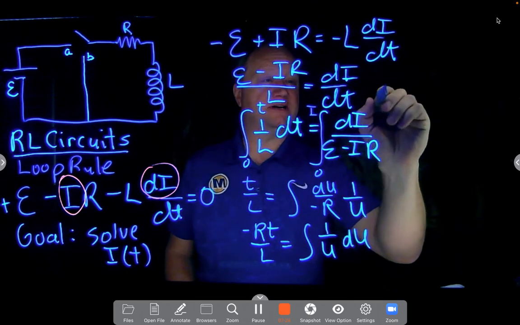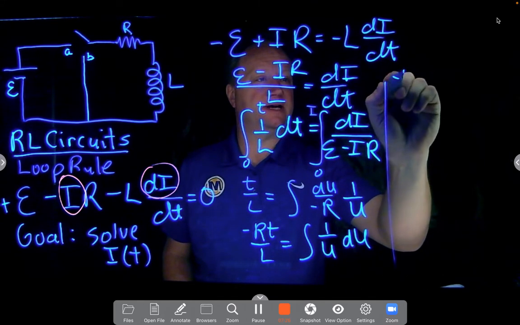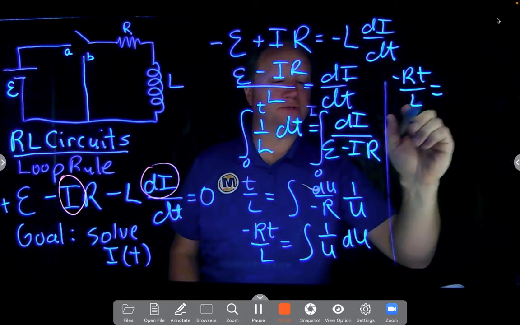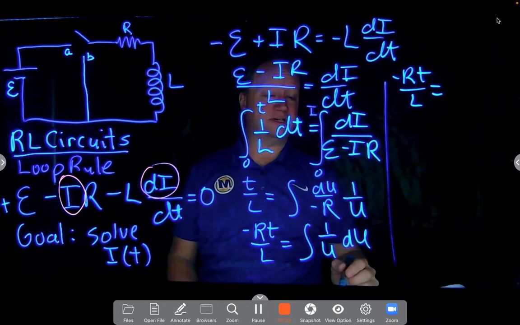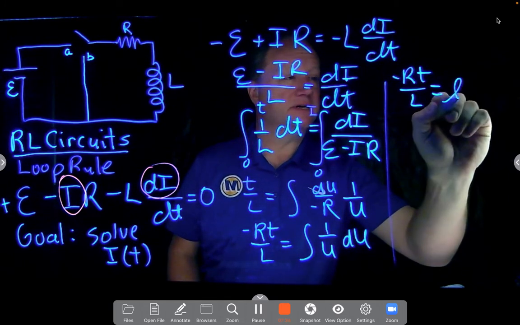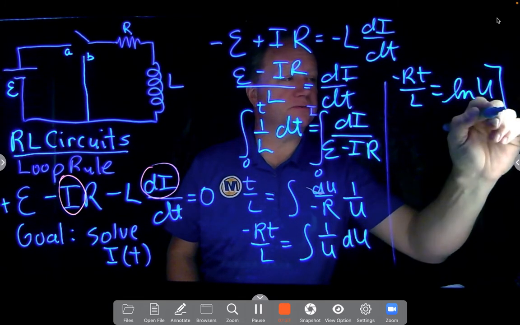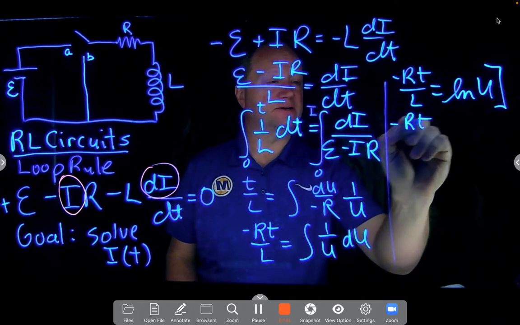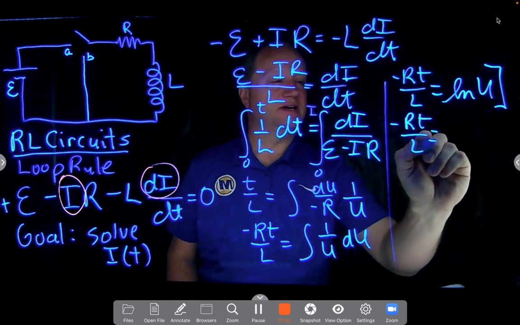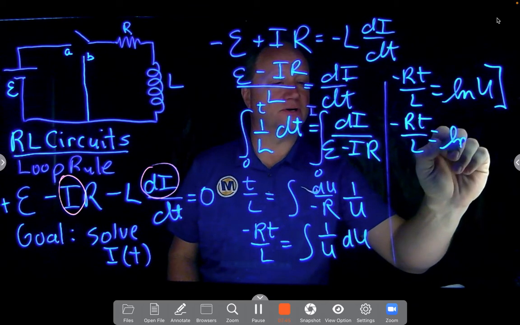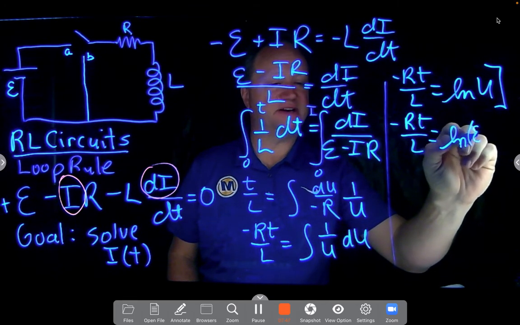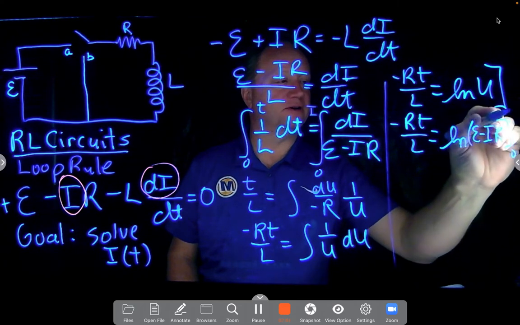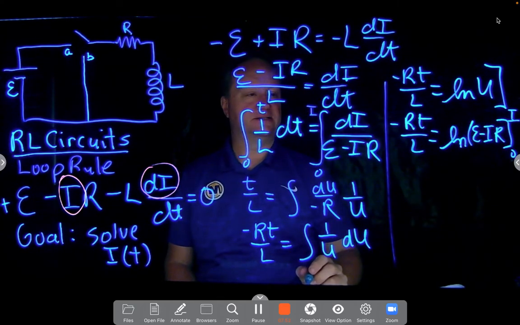So now I've got negative Rt over L is equal to integral of u to the negative first power is going to be natural log of u. Okay, now putting back in our u sub stuff, this would be the natural log of EMF minus IR evaluated from 0 to I.